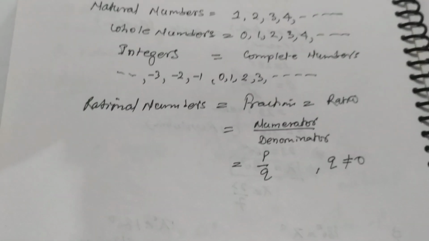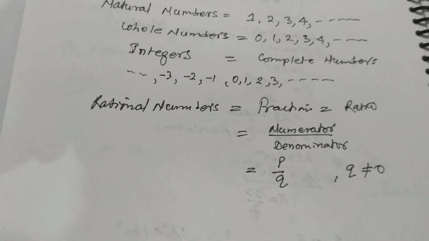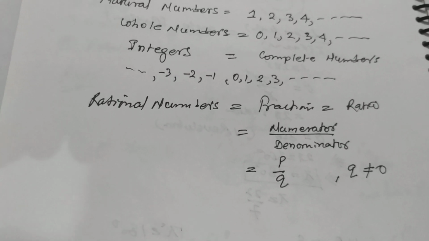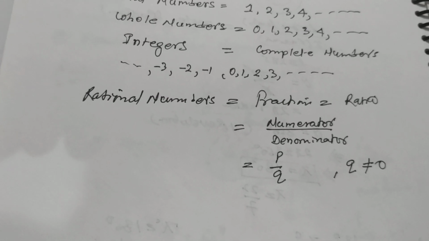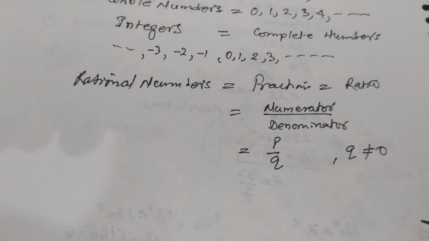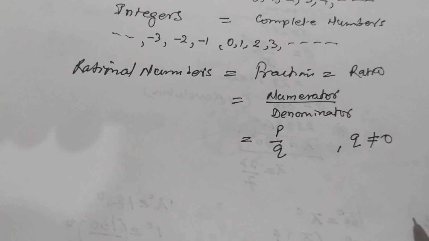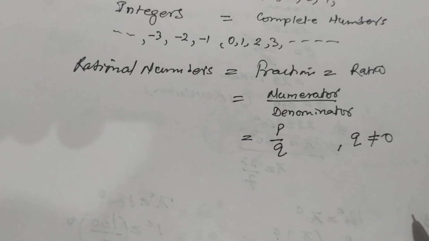The question arises, why is Q not equal to 0? If Q is 0, then the mathematical condition is not satisfied. Like there is 1 roti and 0 parts have been eaten, so there is no sense.